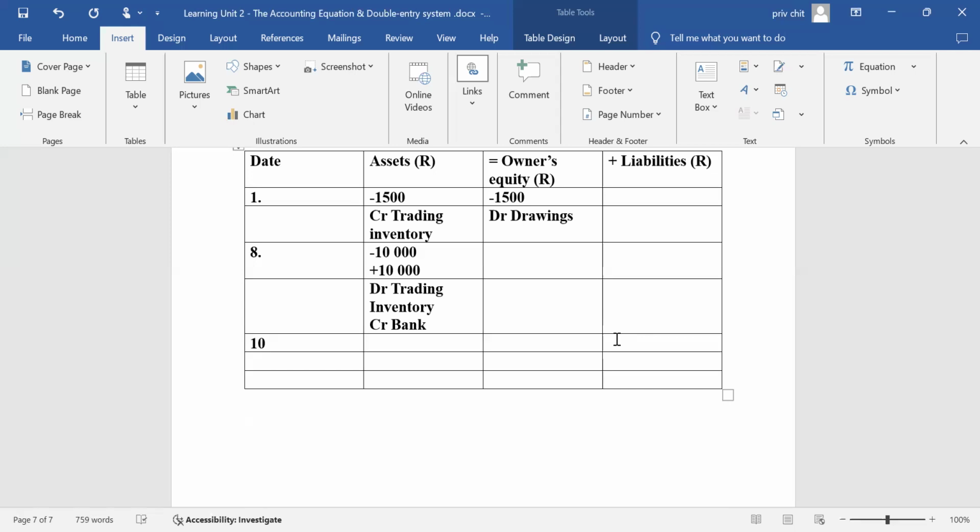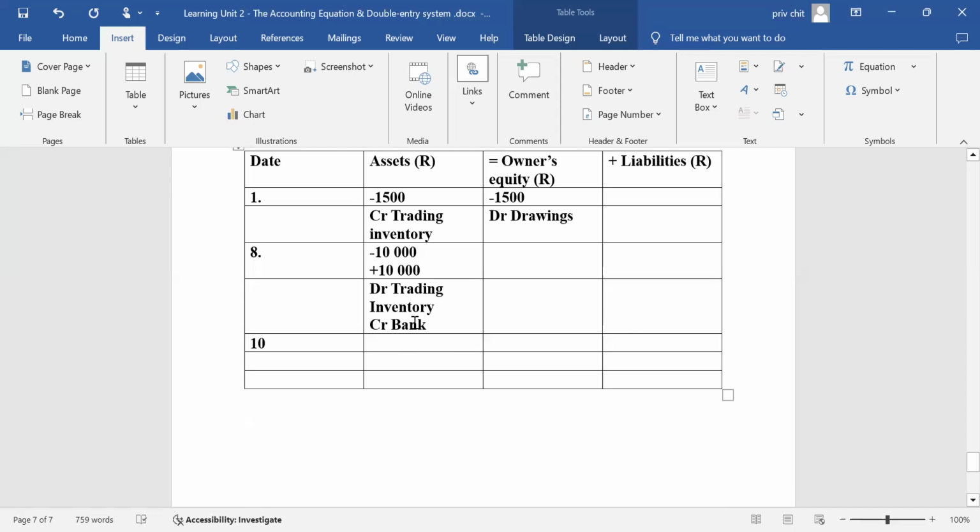What is happening to our liabilities, plus or minus? It would be a minus. It would be a what? A minus. No, we are buying on credit, so we're getting more. So what happens to your liabilities, plus or minus? Logically speaking, it will be a plus. Sorry, let me start here first.